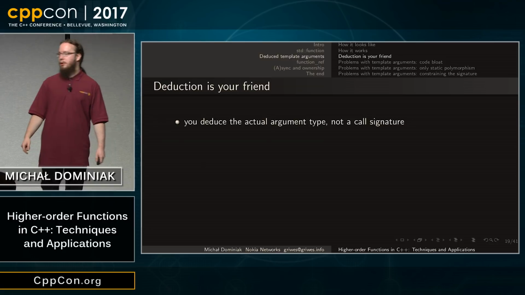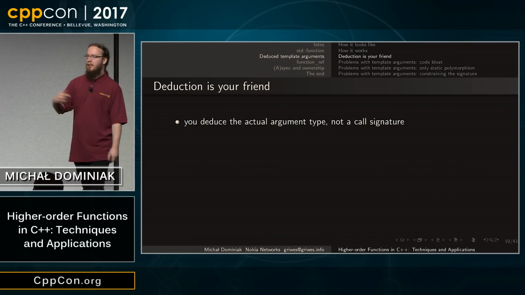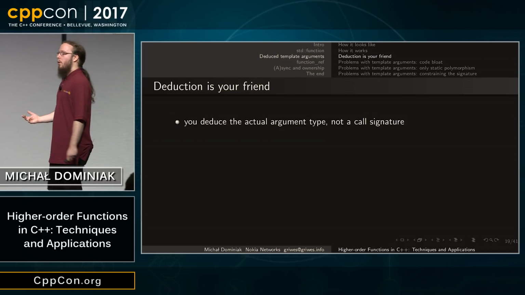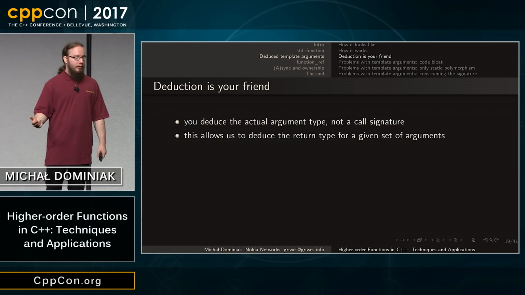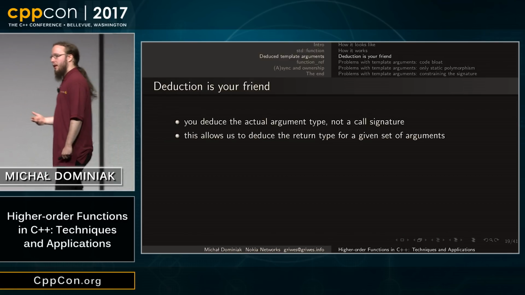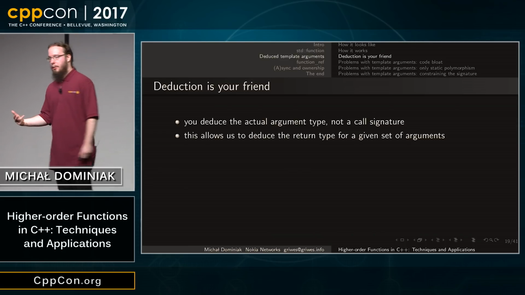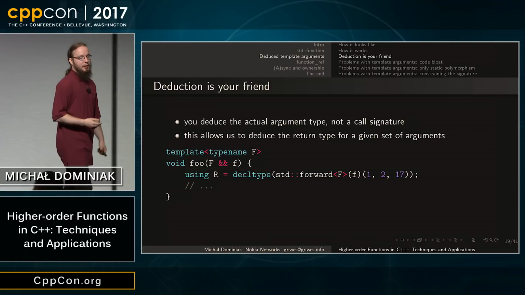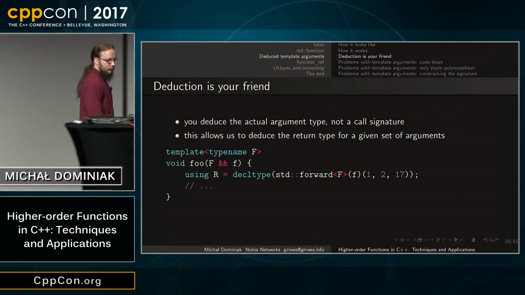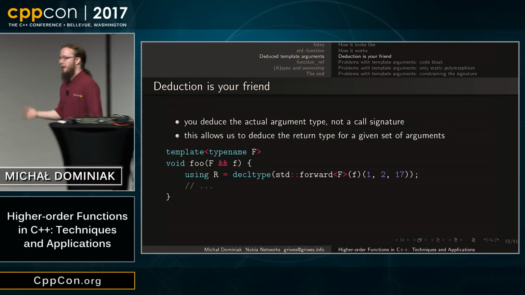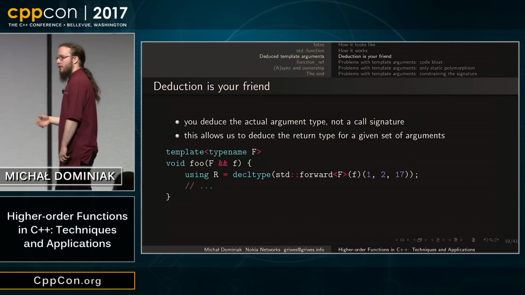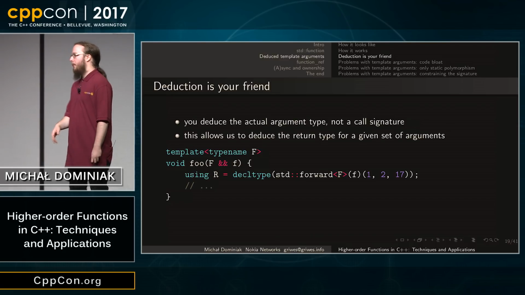In this case, we can actually do some more deduction. As we are deducing the argument type and not the call signature itself, knowing the arguments, we can find out what the return type is. So, for example, we can write something similar to this. It's very much like the deduction we tried with standard function, only this time we have 3 arguments, not 2.